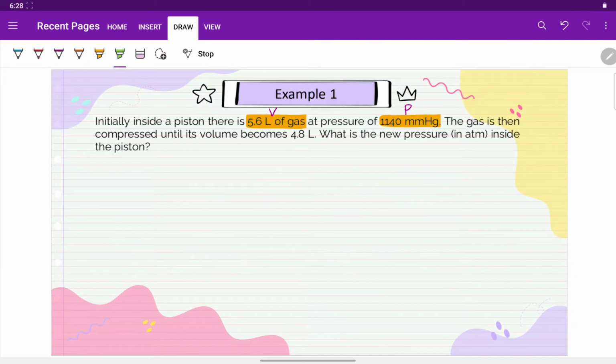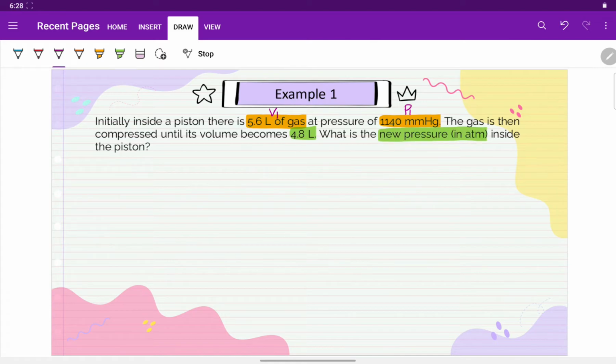Okay, kemudian kita teruskan tadi dia kata, then the gas is then compressed until its volume becomes 4.8 liter. So kita ada volume yang baru. Maksudnya tadi yang ini adalah V1, this one is also P1. Okay, dan soalan tanya new pressure in ATM.